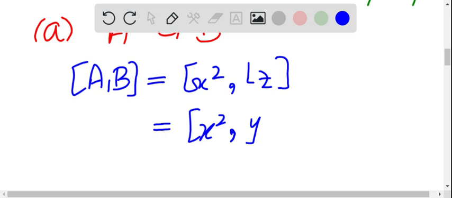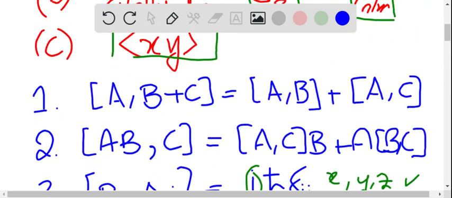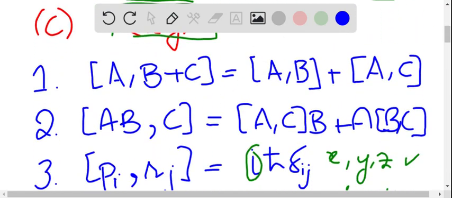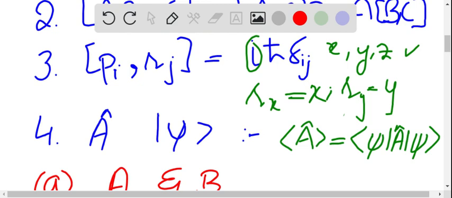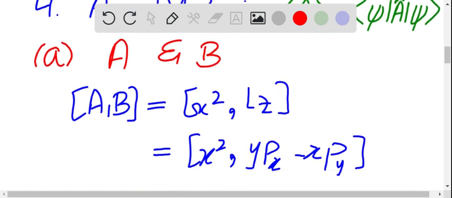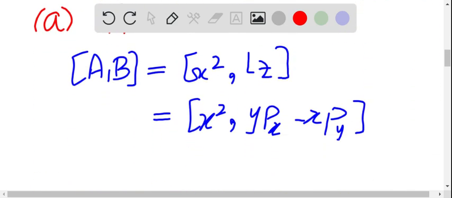So over here we will have y p_x minus x p sub y, right? Now how I have done this is basically using all of these 1, 2, 3, and 4 points that I just discussed, that you must remember before solving this question.